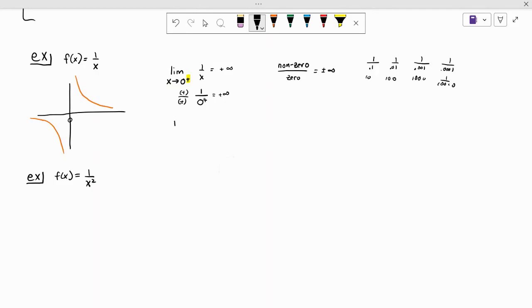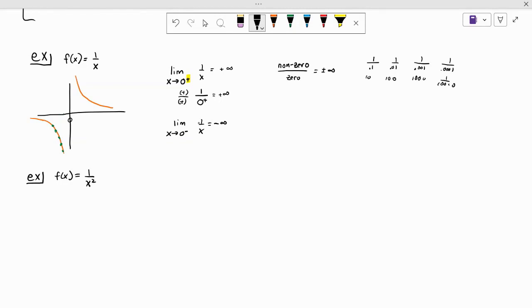Now, from the other side, if you let x approach 0 from the left, 1 over x is going to go to negative infinity in that case.